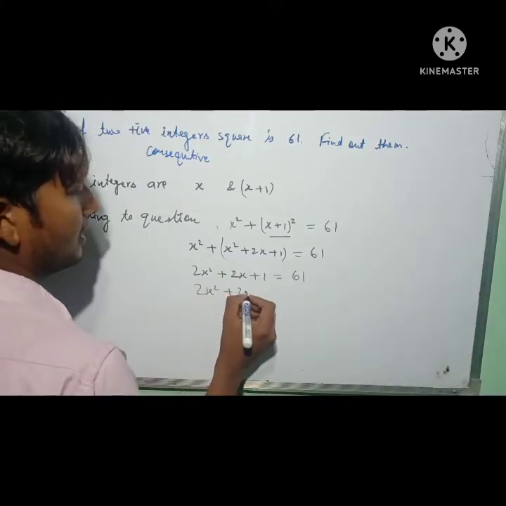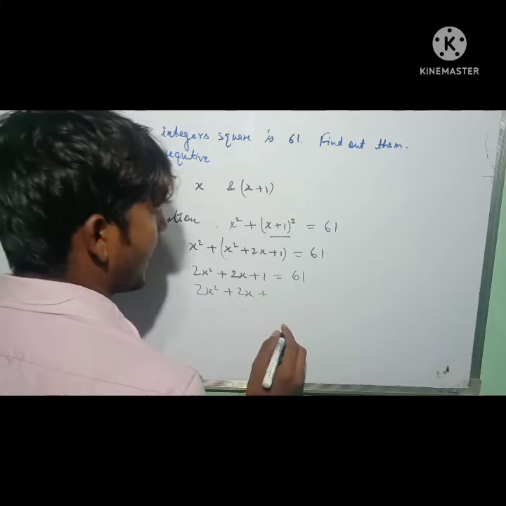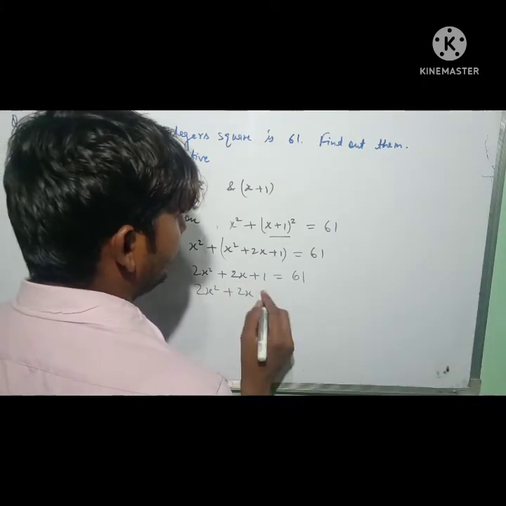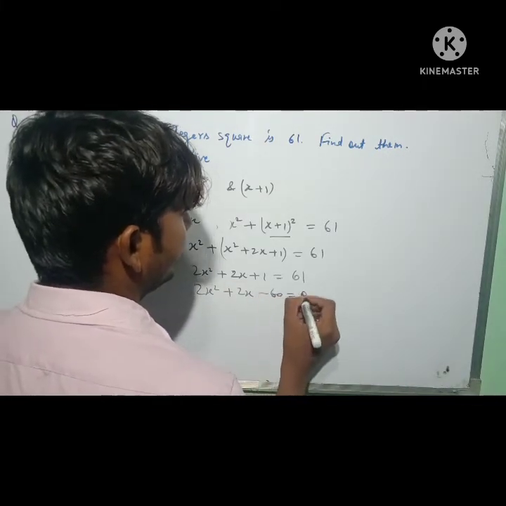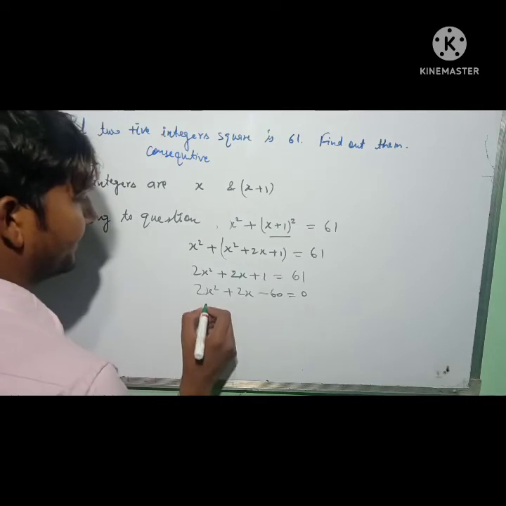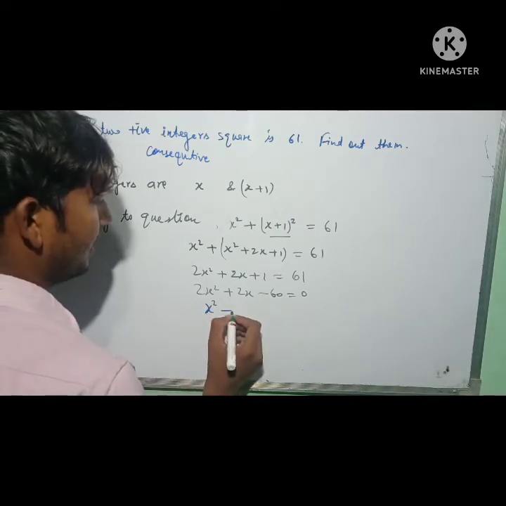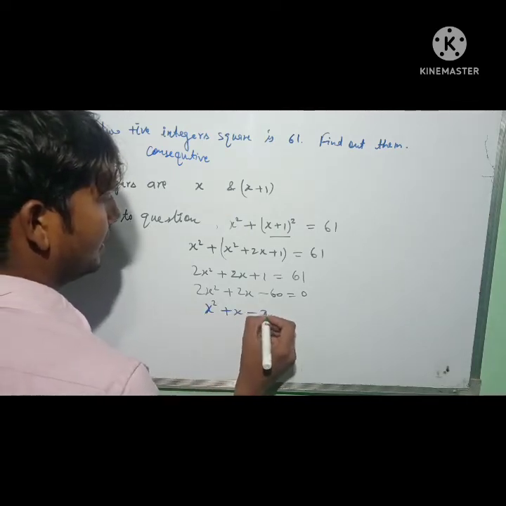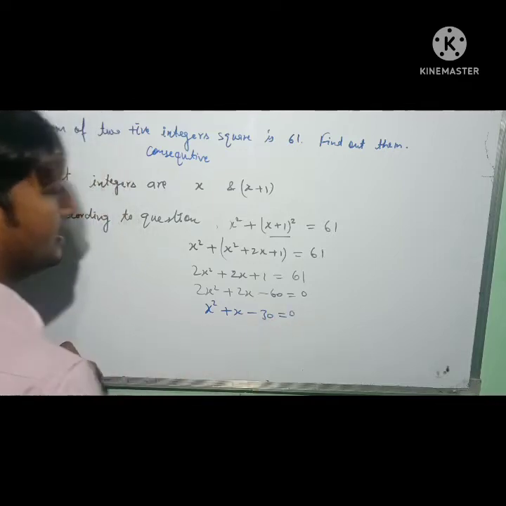So 2x squared plus 2x minus 60 is equal to 0. Again, x squared plus x minus 30 is equal to 0.